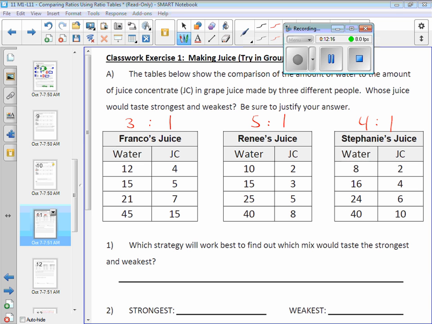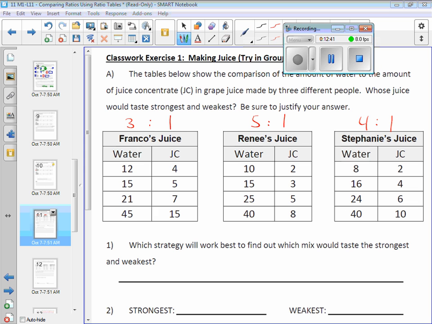Here's where this has been a stumbling block today. How many of you said that Franco's juice would taste the strongest? I did. Hands down. How many said Renee's? How many said Stephanie's? Whoa. All right, think of it this way. Think of your juice concentrate like tablespoons of juice mix.